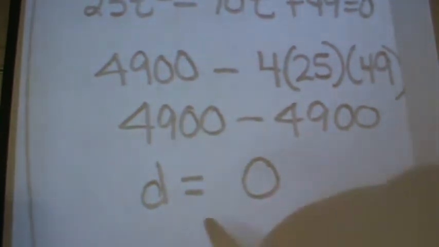I can do that in my head. It's the same number. This is 100, and 100 times 49 is 4,900. And what's 4,900 minus 4,900? 0. So the discriminant is 0. That means there is one solution.